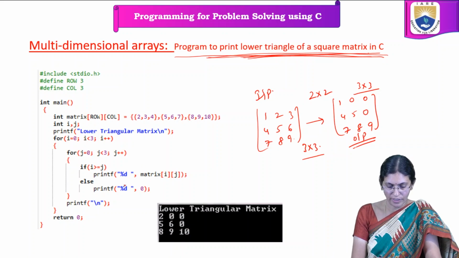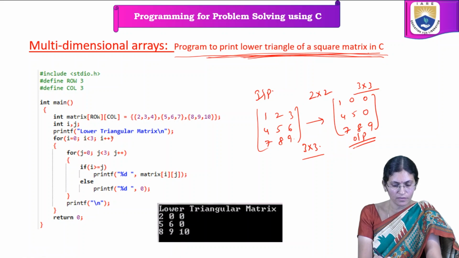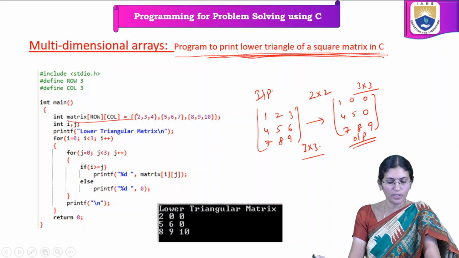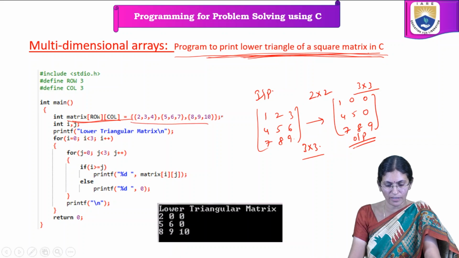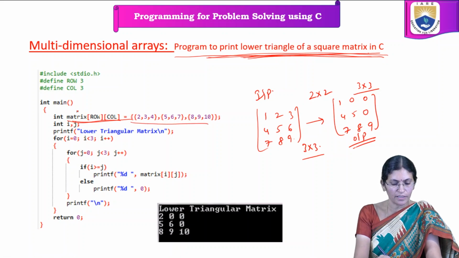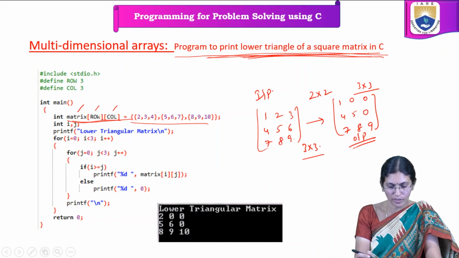Now let us see how to write a program for this. Here we declare a two-dimensional matrix and initialize it at the declaration itself. The name of the array is matrix, and ROW refers to the row size and COL refers to the column size. We have defined the row size and column size using the hash define directive.